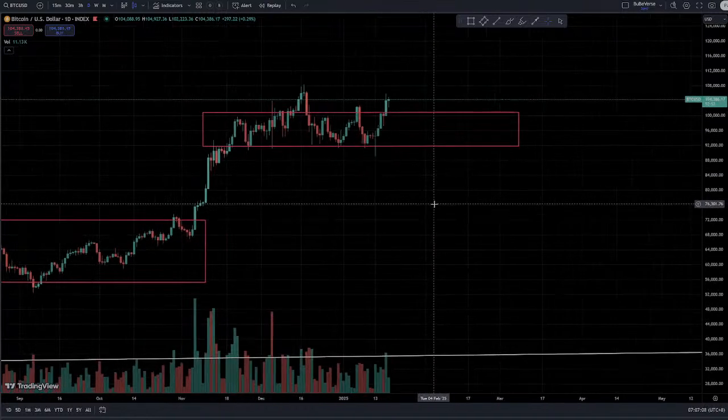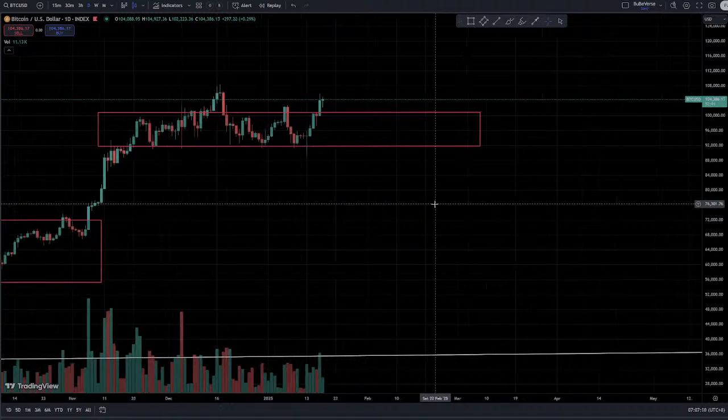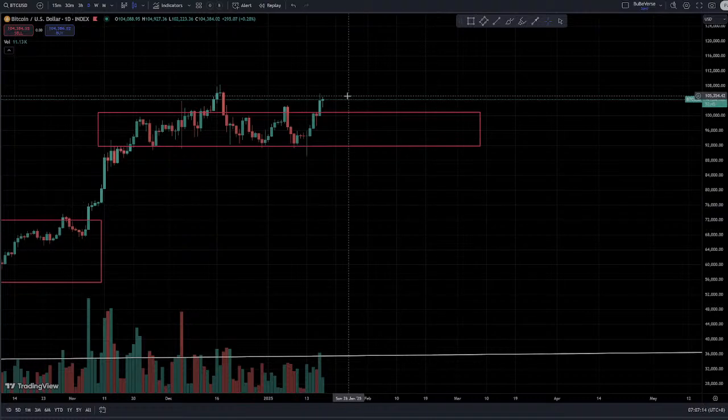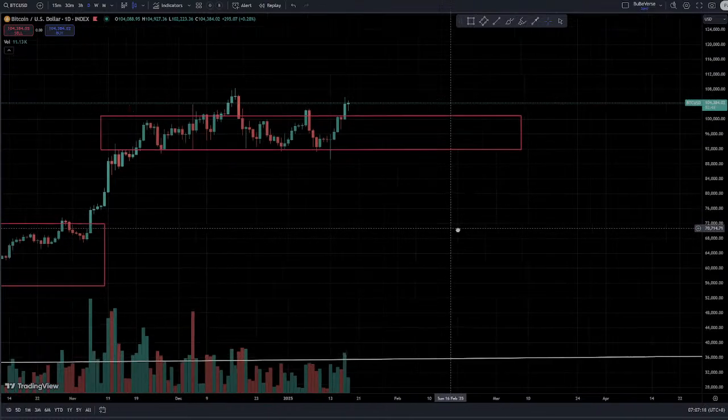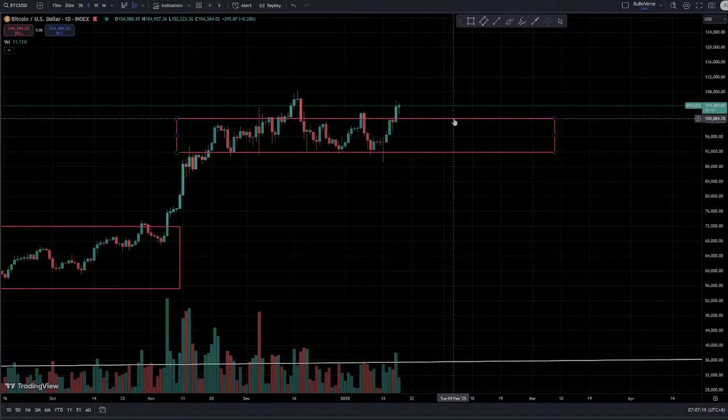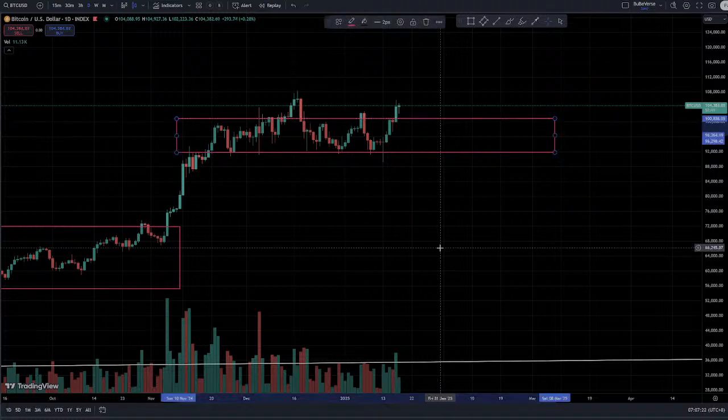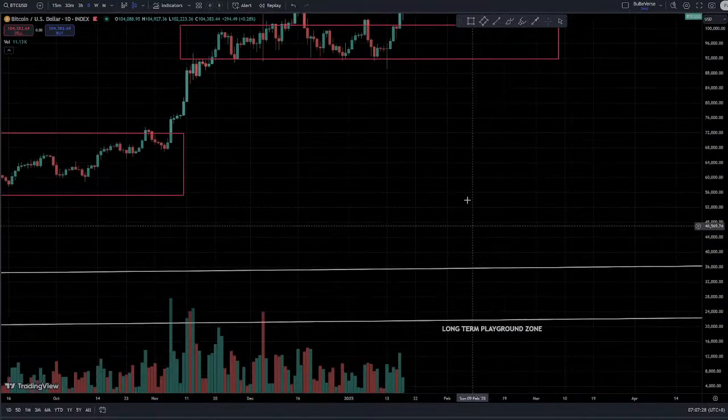But in terms of the bigger picture, it's a test for demand at those levels, and it's not easy, given we've talked about this pink box a few times in the past few weeks already. So this is what I call the short-term playground zone, compared to the white, the long-term.